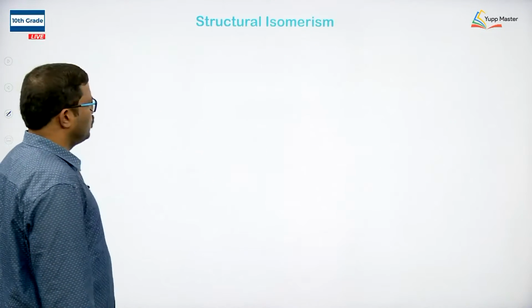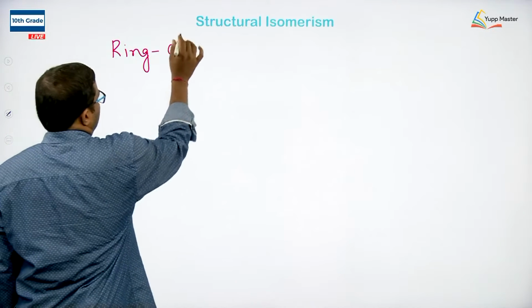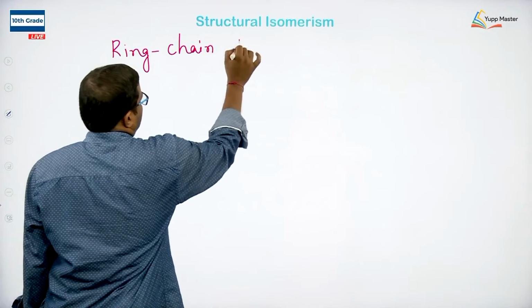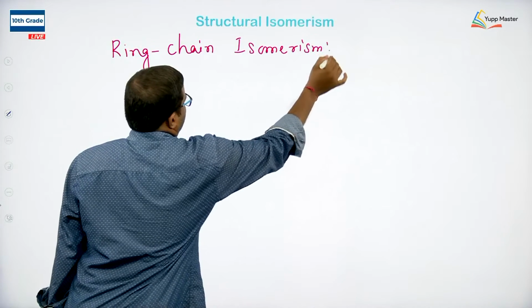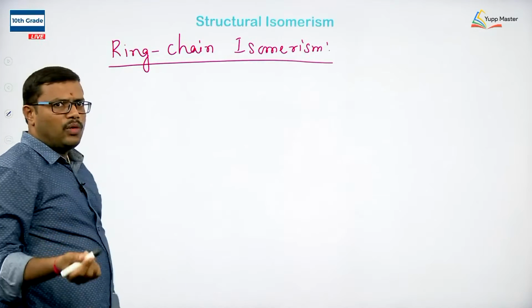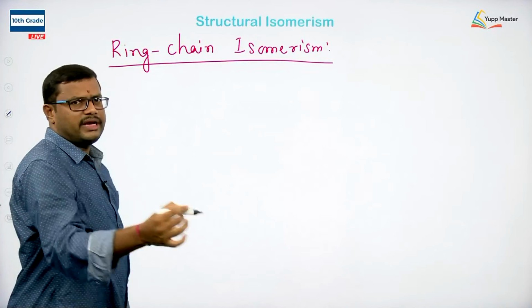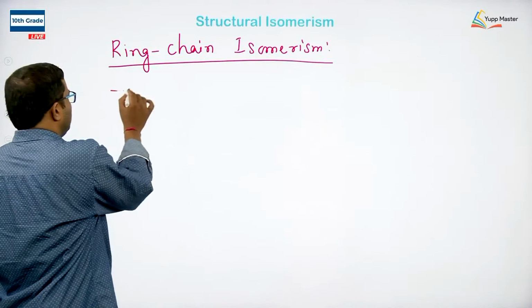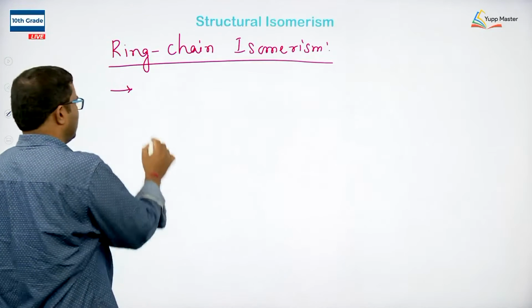Okay, and we have one more structural isomerism, that is ring chain isomerism. What is ring chain isomerism? The name itself indicates it: one compound will be in ring form, that is cyclic form, and one will be in a straight chain fashion. Here the compounds have the same chemical formula, but they differ.